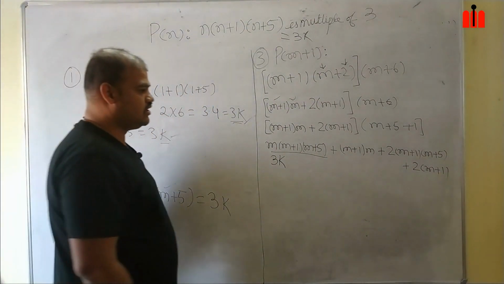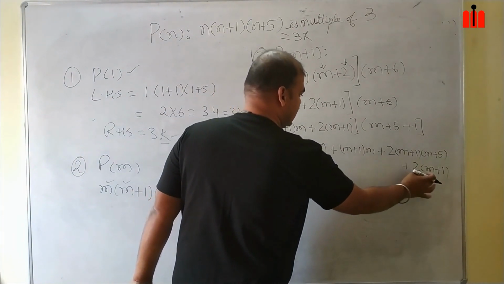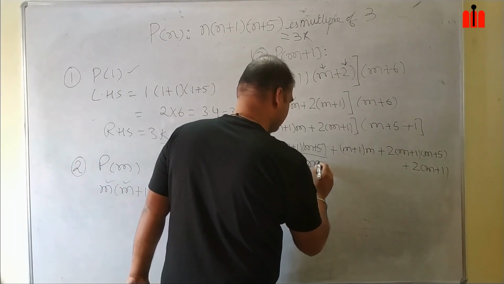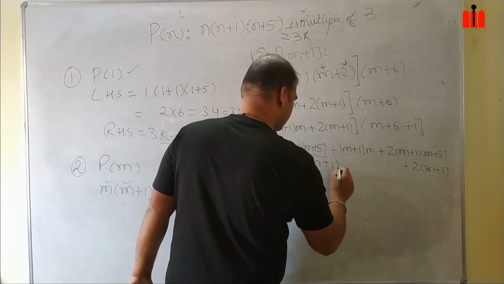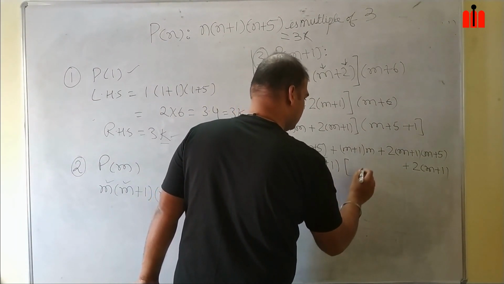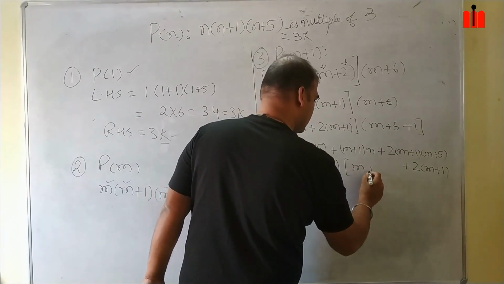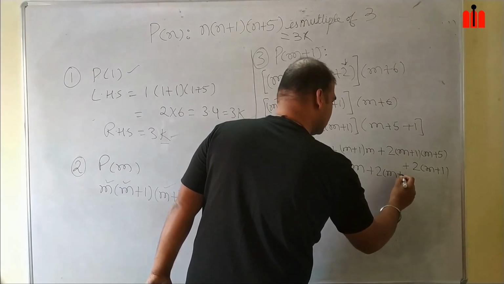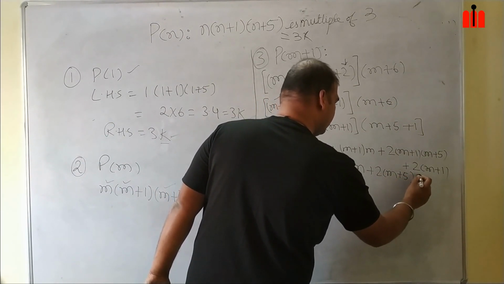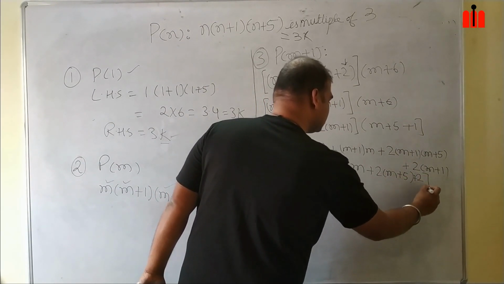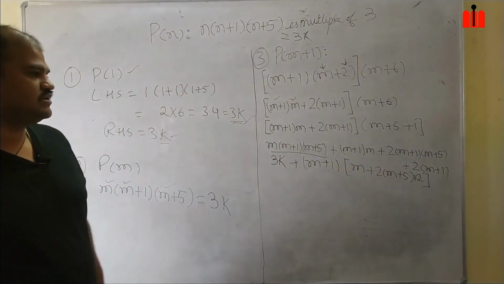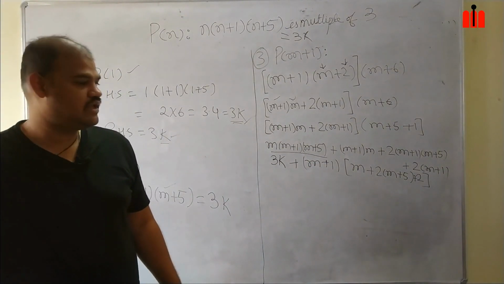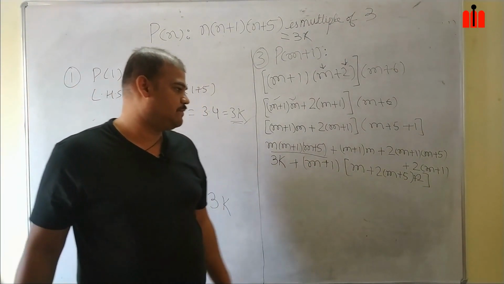Now in this entire thing m plus 1 is common, so let's take m plus 1 common. Once m plus 1 is common, you get here m, you get here 2m plus 5, and at last you have 2. So 2 is from here, m plus 1 is common.